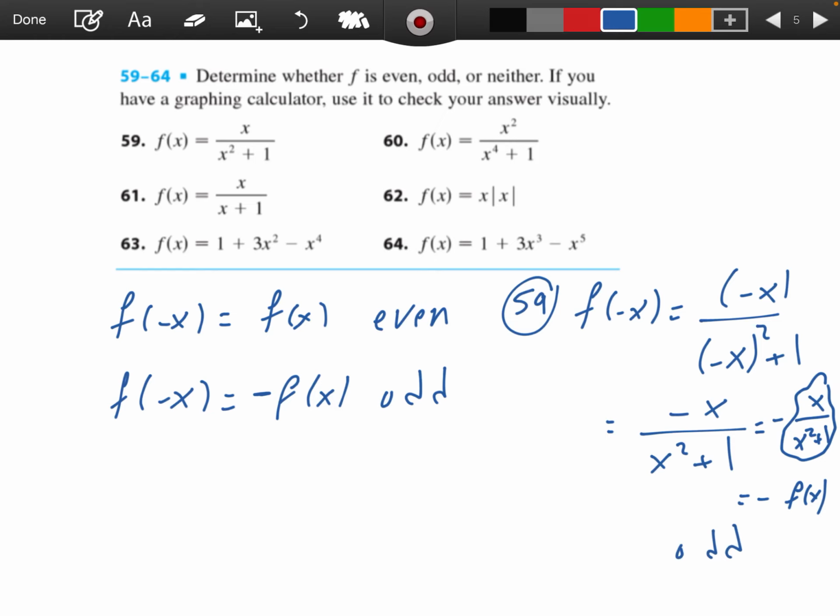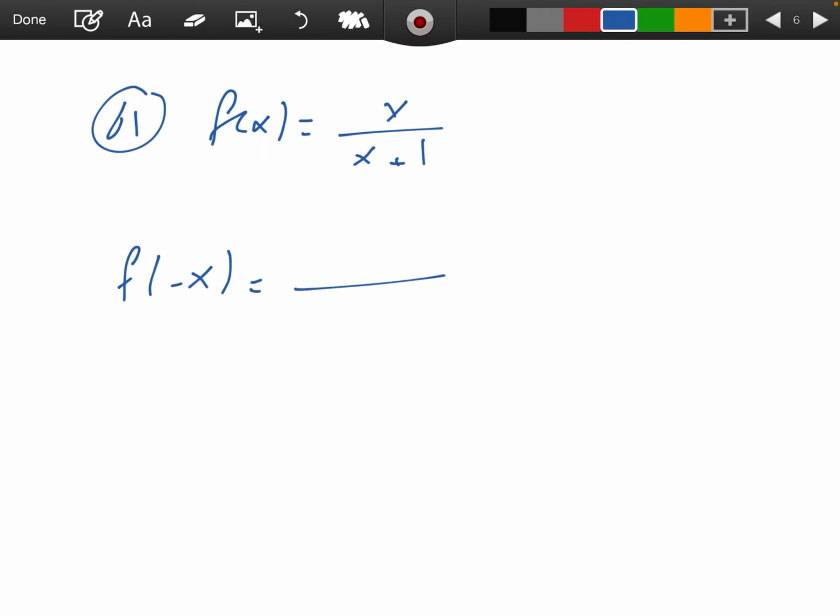If we take number 61, x over x plus 1, and replace x by negative x, we're gonna have negative x over negative x plus 1.